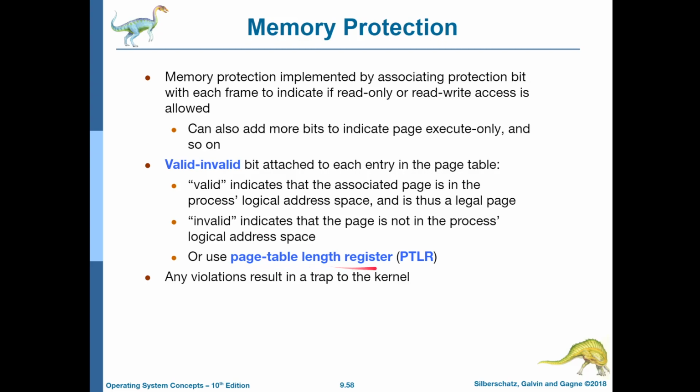We also use the page table length register to identify if a particular memory access is out of range of the page table. Any violation of these particular bits, whether it's valid or invalid, whether it's writing to a read-only page or attempting to execute when a page is not marked as execute, will result in a trap to the kernel, allowing the kernel to handle that process and potentially shut it down.